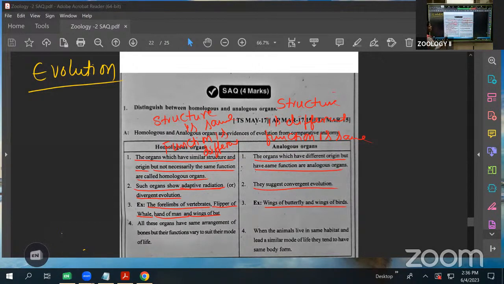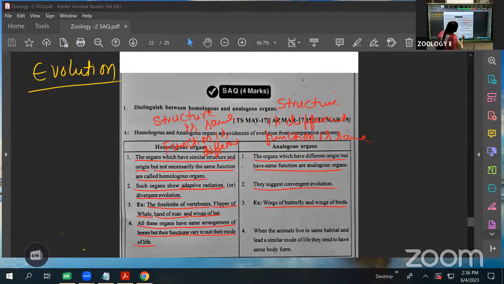Here, all these organs have the same arrangement of the bones: femur, radius, ulna, tarsals, metatarsals, phalanges, same structure is present. All these organs have the same arrangement of the bones, but their functions vary with their mode of life. Structurally they are same, but functionally they are different.